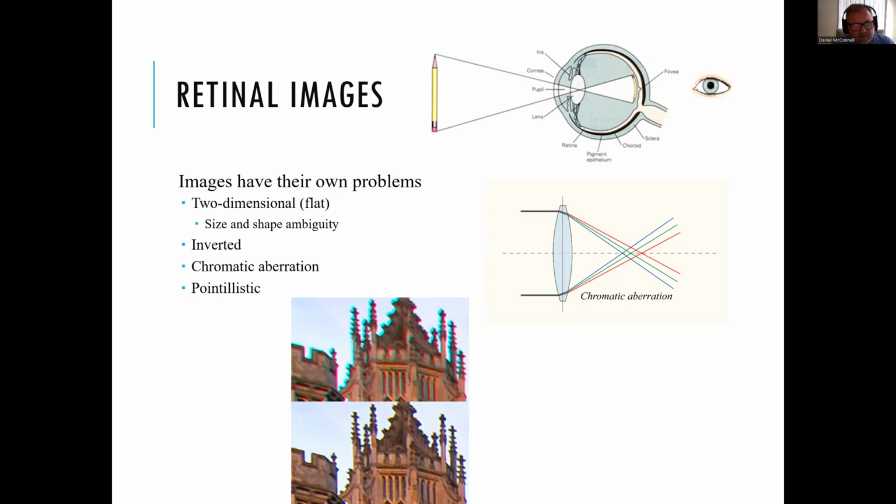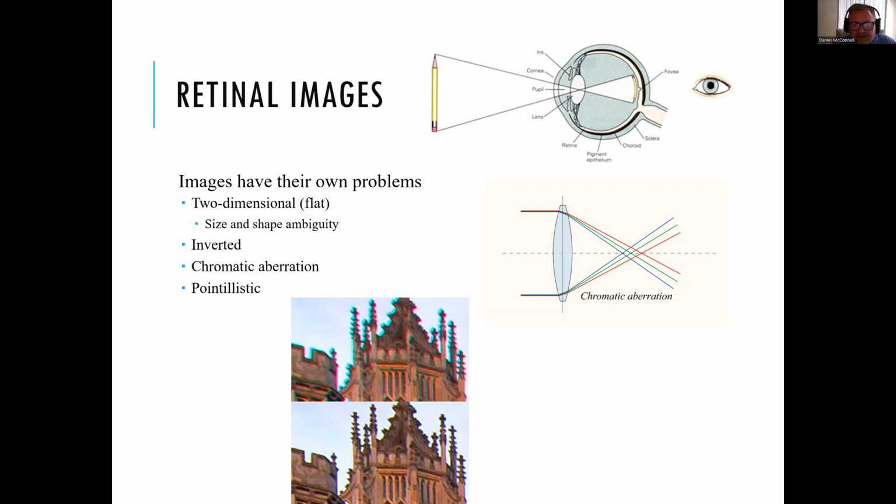That's what we're seeing in this image on the bottom here, is that we have a photograph of some spires of some castle, and the top version has chromatic aberration, where you see this kind of blue ghosting to the side, to the left there a little bit, right? That's because the camera itself has a lens that really had a lot of chromatic aberration and did not bring the blue part of the spectrum into alignment with the other colors, so that now you're kind of seeing a double image.